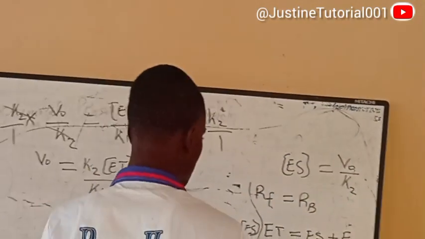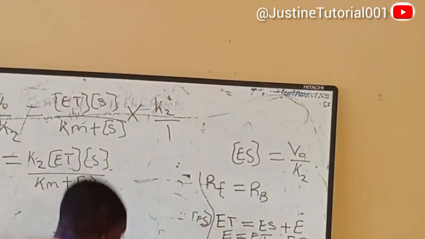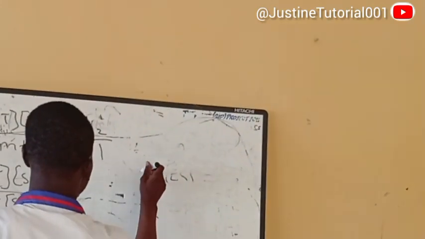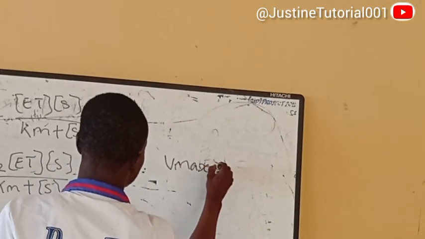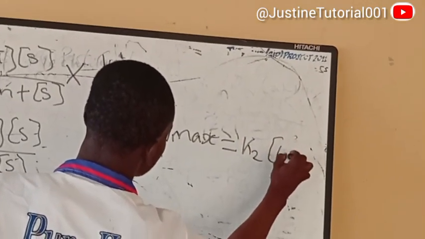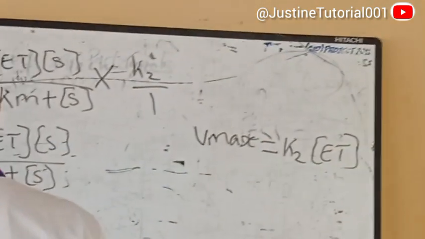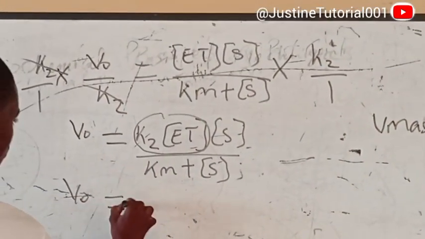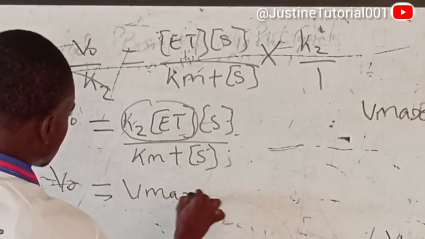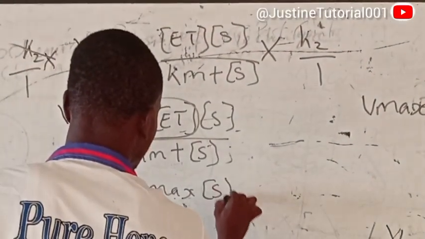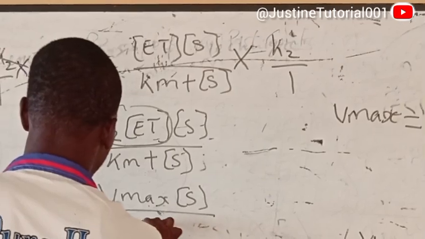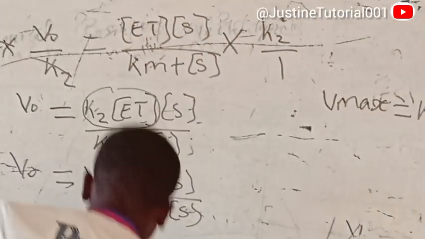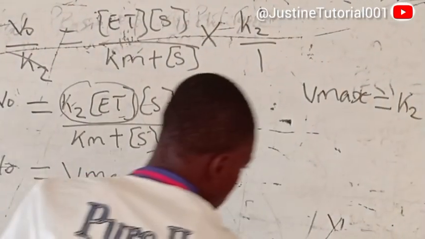Since your Vmax is equal to K2 times E total, this becomes your Vmax. So V naught equals Vmax substrate all over Km plus substrate. And this becomes your Michaelis-Menten equation.